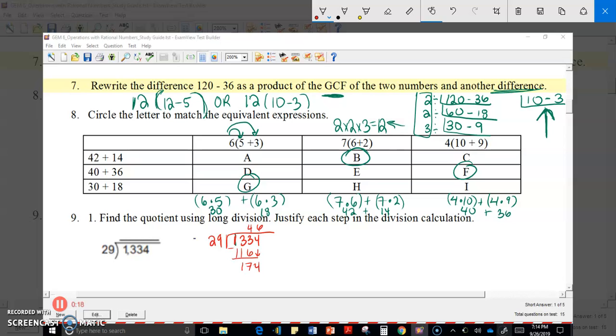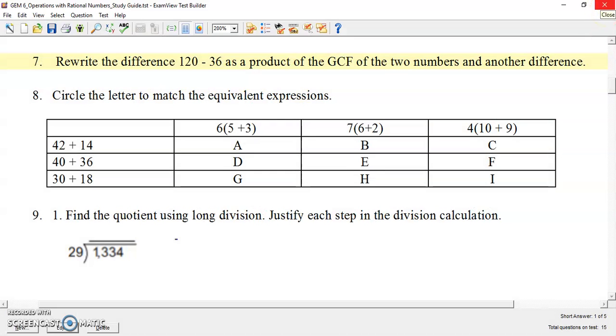So luckily for us, we have no remainder, and our answer is 46. Pause the video anytime to write this down. Okay, let's move forward.